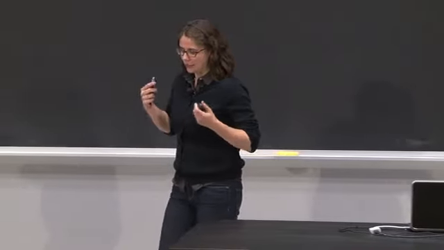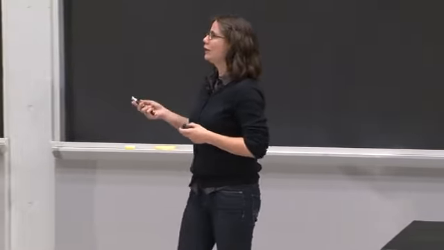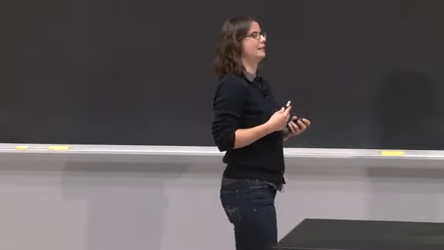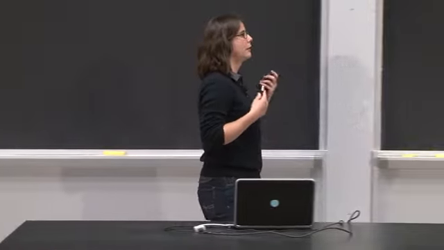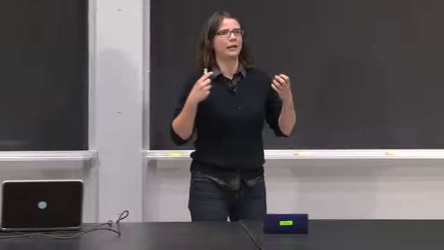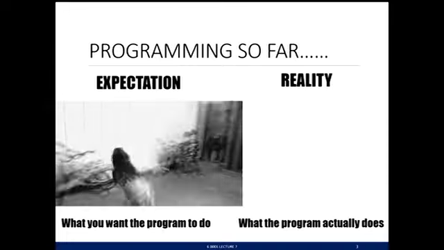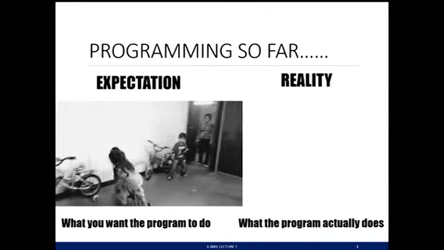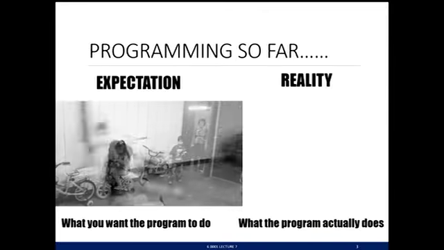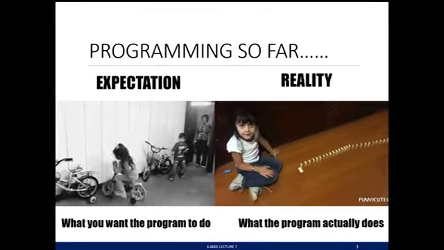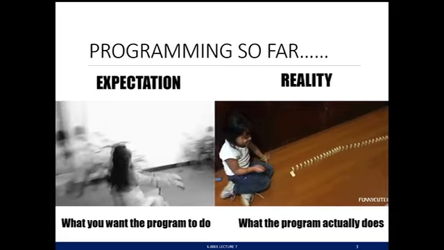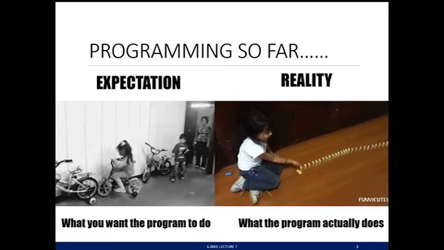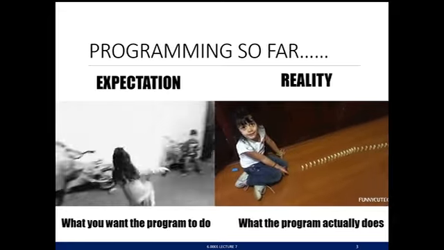Okay, so let's talk a little bit about programming so far in 6.0001 or 600. You expect that you write a program, you maybe do a little debugging, and you run the program and it's perfect, right? You just nailed it. But in reality, you write this really complex piece of code and you go to run it and it crashes, right?